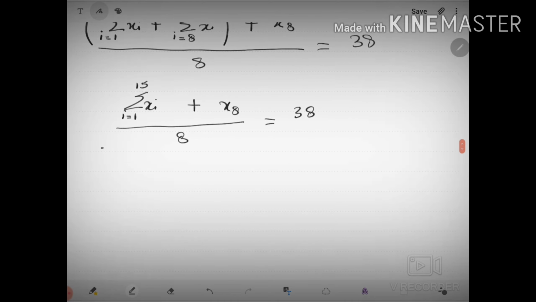Now the next step is very simple. We just need to split the two terms in the numerator, and we can write it as sigma xi, i equals 1 to 15, divided by 8, plus x8 upon 8, equals 38.